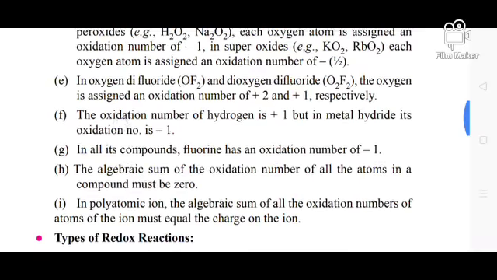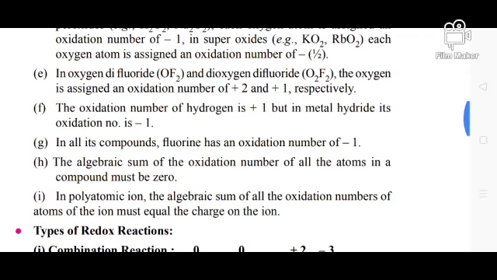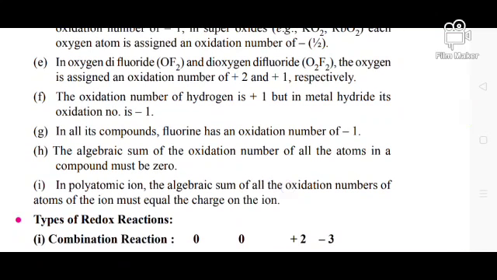My dear friends, when we discuss oxygen fluoride OF2, here the fluorine is more electronegative than the oxygen. And in another example, dioxygen difluoride, the oxygen is assigned an oxidation number of +2 and +1 respectively.